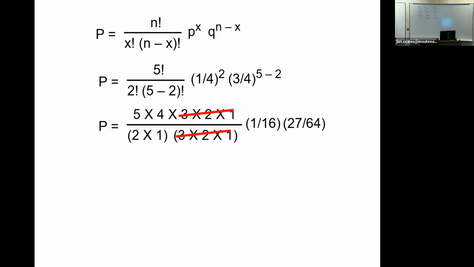Is there another way? There's supposed to be 10 ways. Can we find them all?